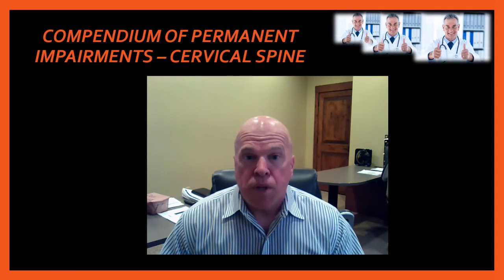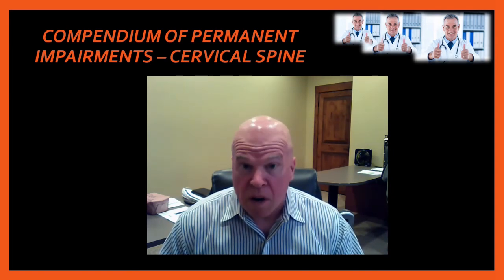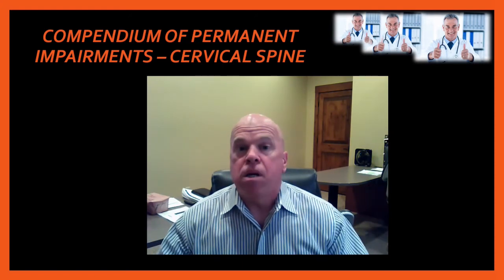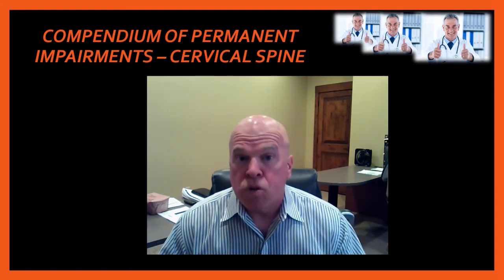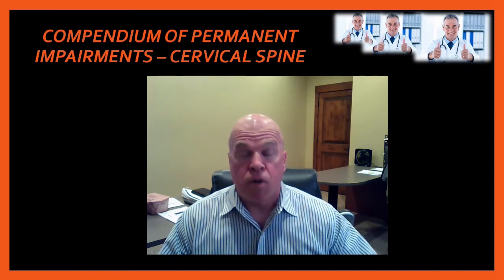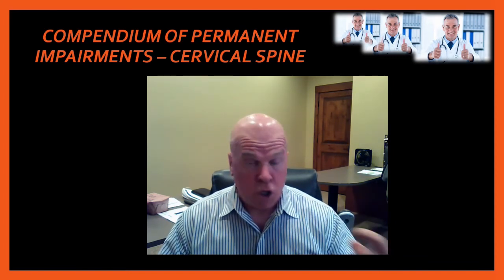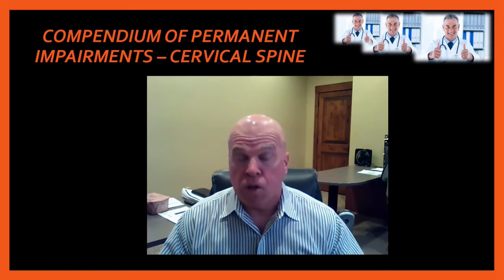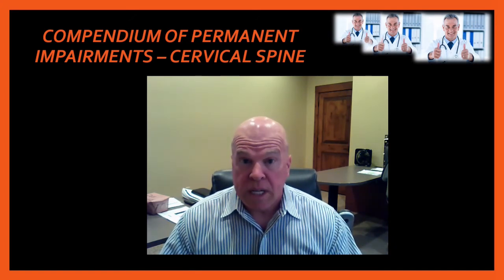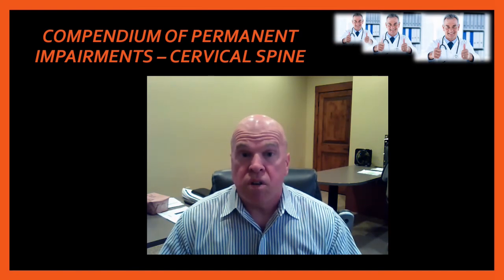And this is simply one of several products contained within the Compendium of Permanent Impairments. We also have permanent impairment arguments for the thoracic spine, for the lumbar spine, for the shoulder, for the upper extremity, for the lower extremity. The Compendium of Permanent Impairments is a complete document of hundreds and hundreds of pages.